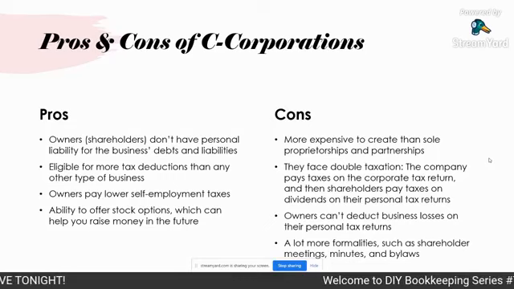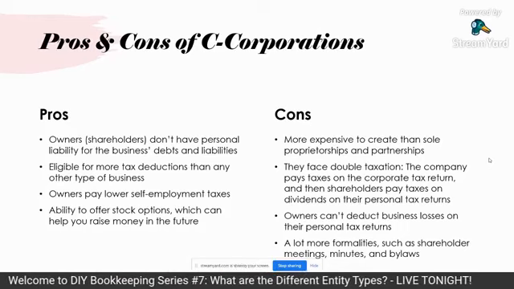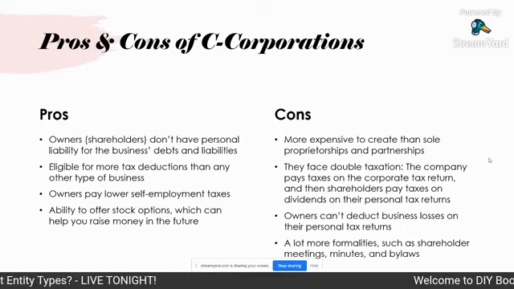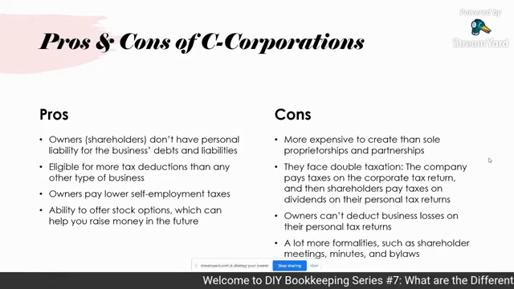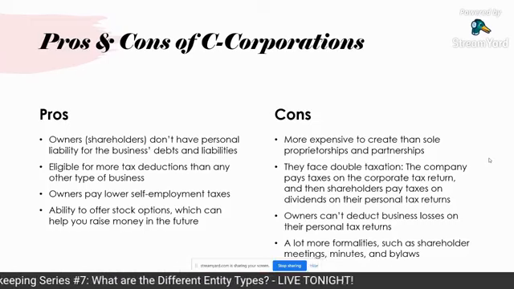So we were just talking about stock options to help raise money for the future. Well, those stock options are going to create dividends for the shareholders. And so with any dividends that come through, not only are they going to have to pay their normal corporate taxes, they're going to have to pay taxes on the money that they also received in dividends.